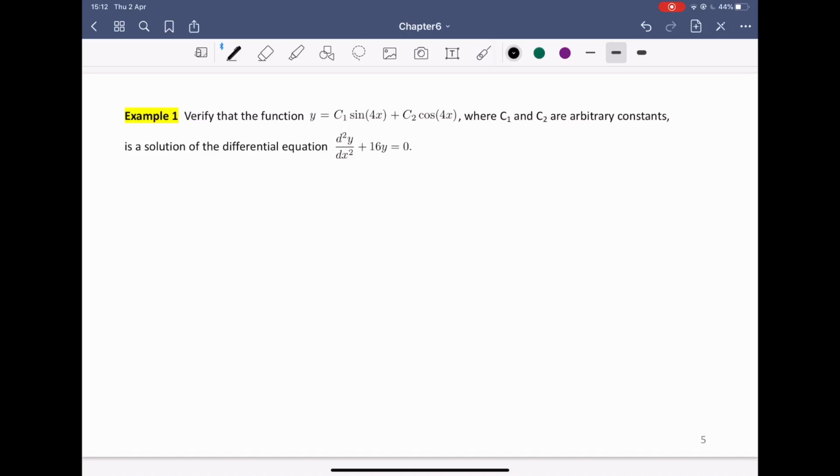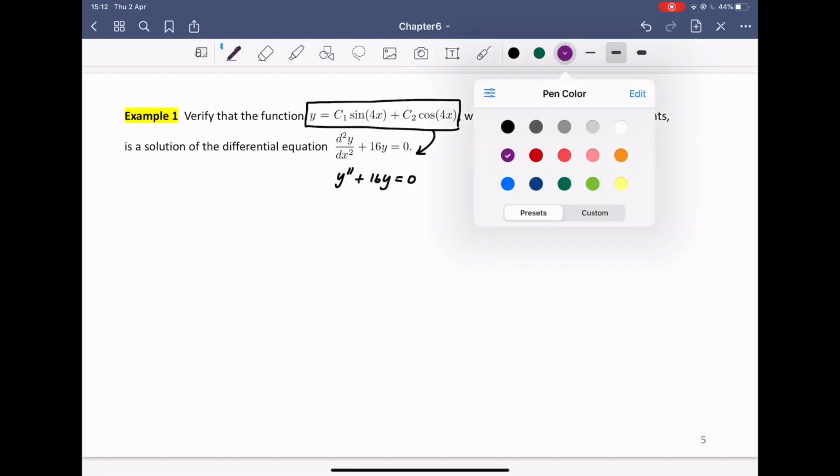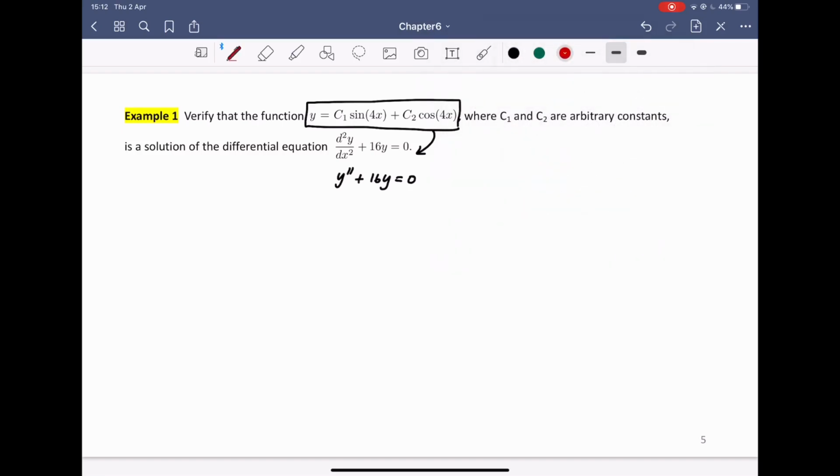Alright, I have this function which is claimed to be a solution for this differential equation. This differential equation is the same thing as y double prime plus 16y equal to 0. So what we are going to do is differentiate the given function y 2 times and then see if it matches the given differential equation.